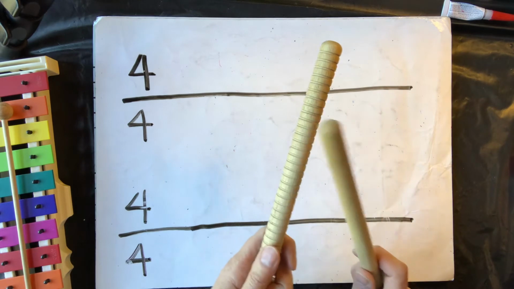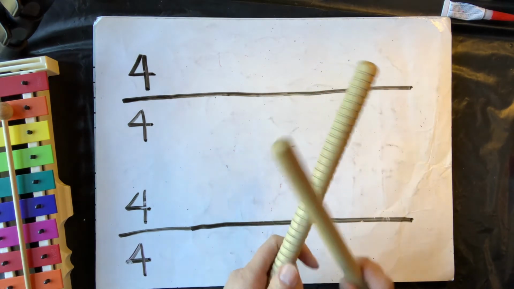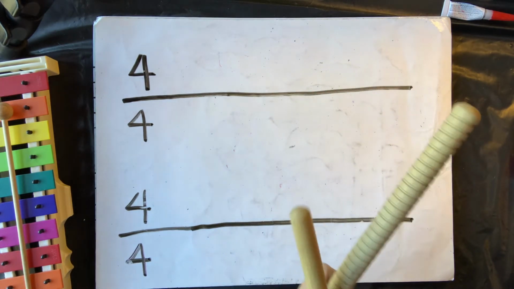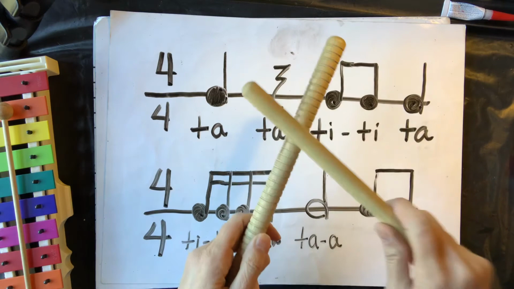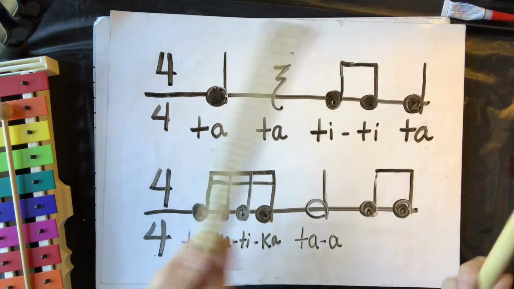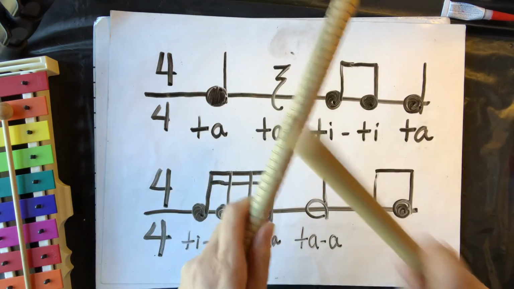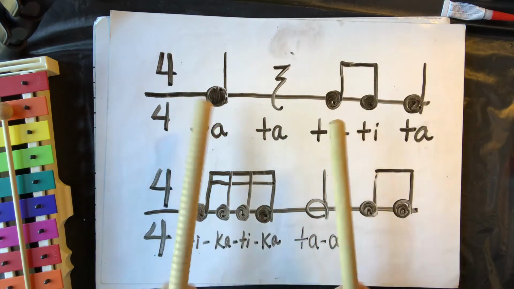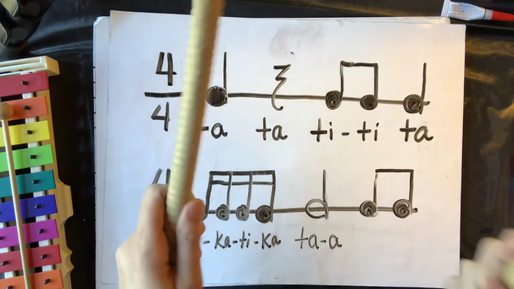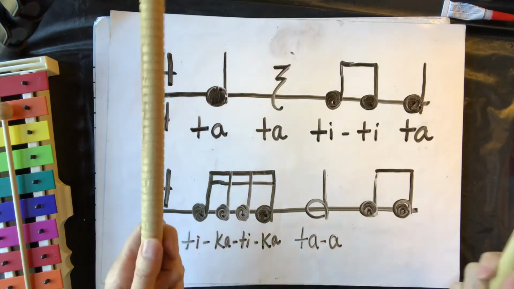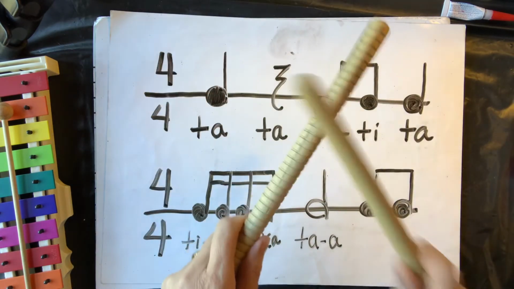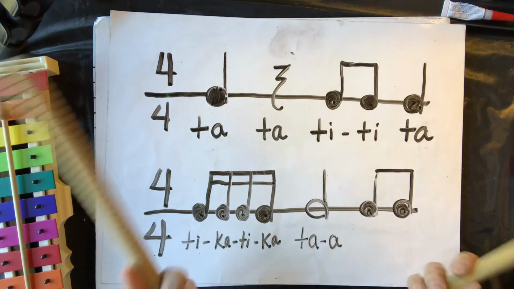So I am not going to say the tas, but I would like you to record on here. For instance, if I play this one, let me just go ahead and play this. Ta, ti, ti. Okay? That's what that would sound like. Ta, rest, ti, ti, ta is how that would sound.